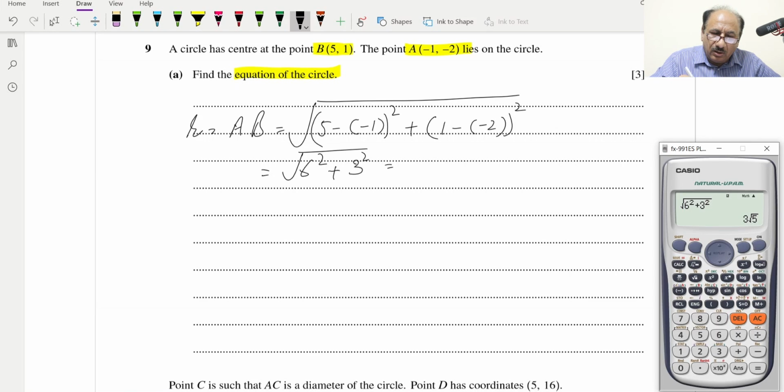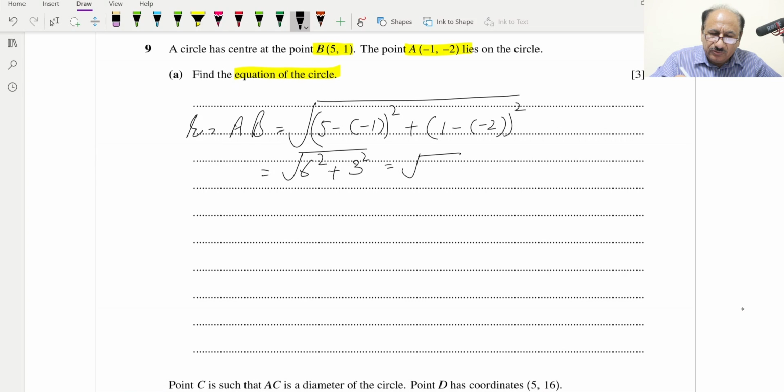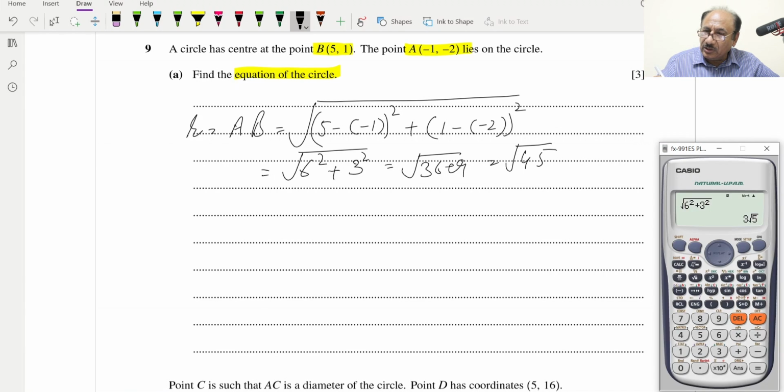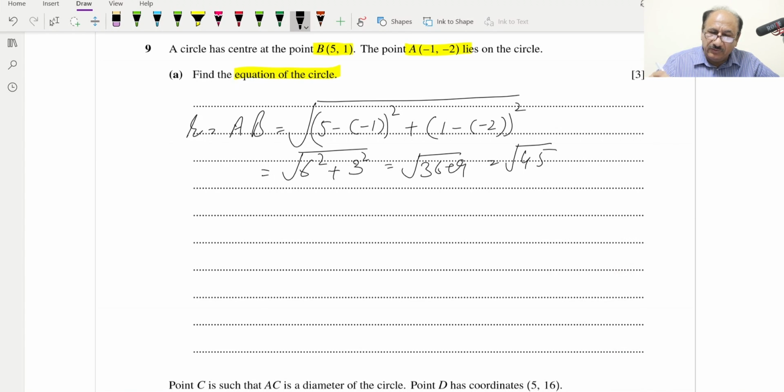That is 36 plus 9, which is equal to root 45, or you can write 3 under root 5, it's the same thing.